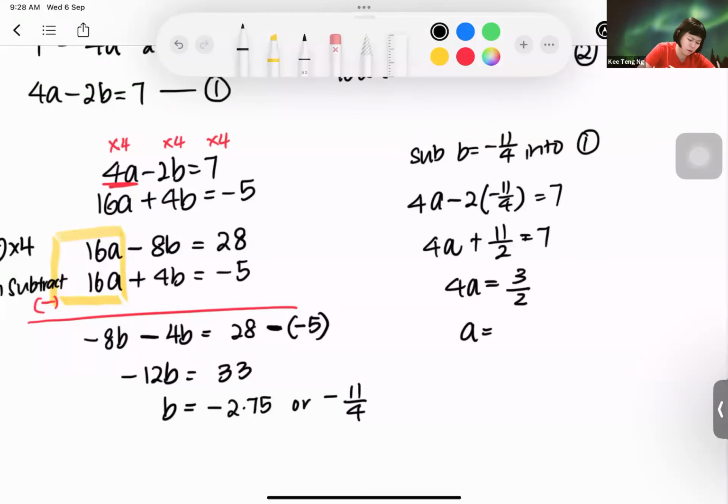Divide by 4, 3/8. Or 0.375. So we got both our answers.